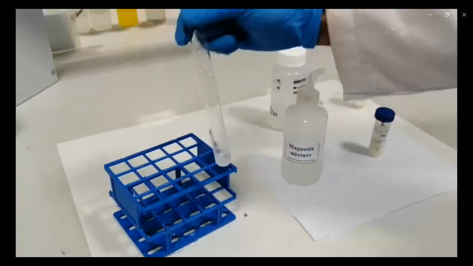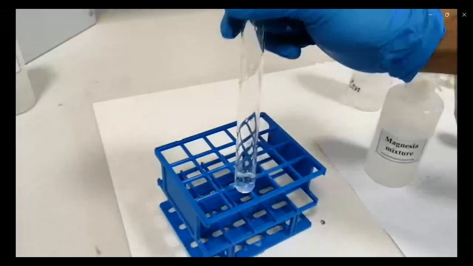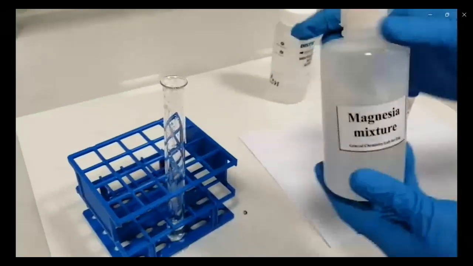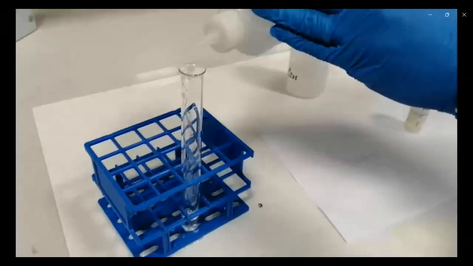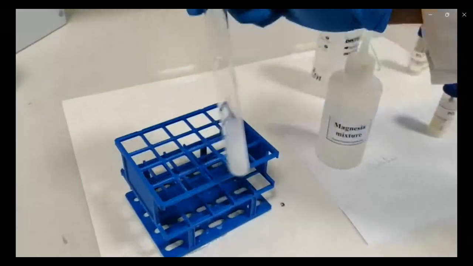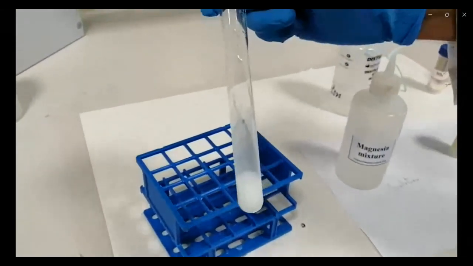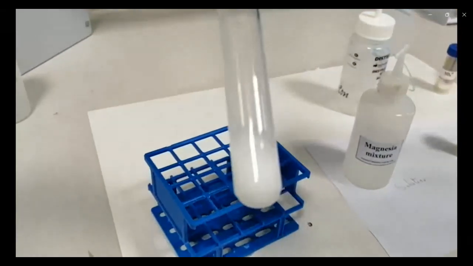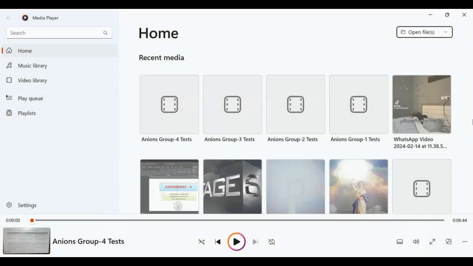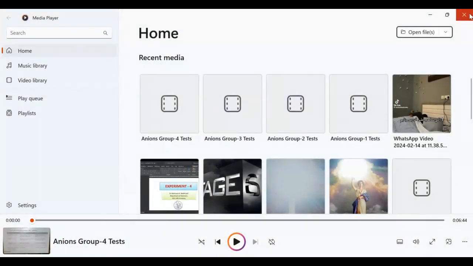As I have already mentioned, this test is very specific to the phosphate anion. You will see a white precipitate formed at once from magnesium ammonium phosphate.